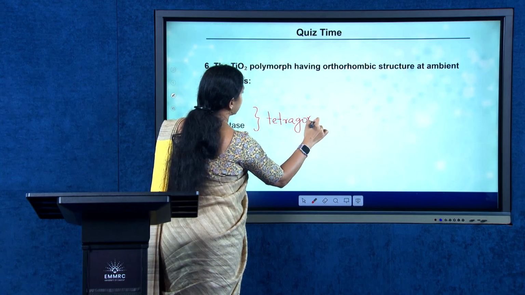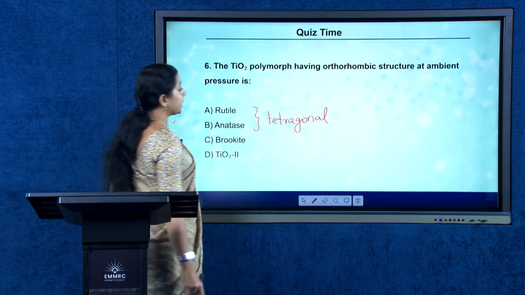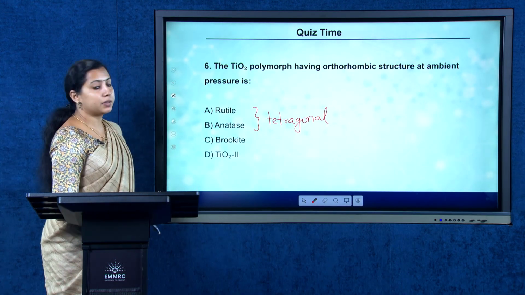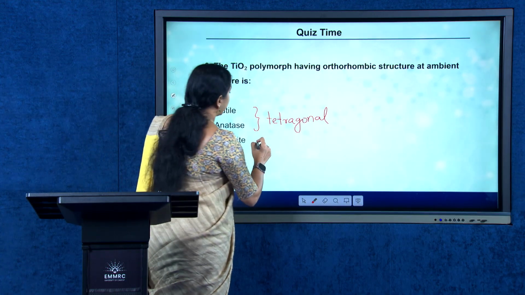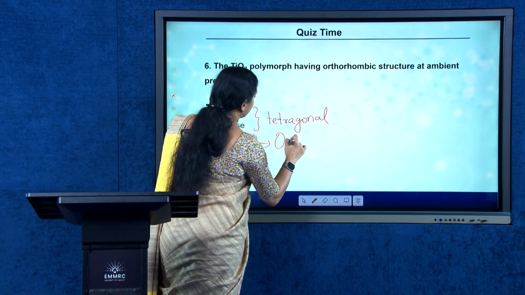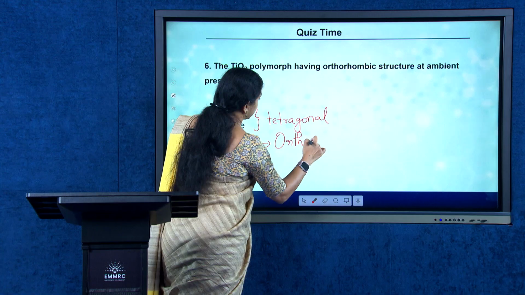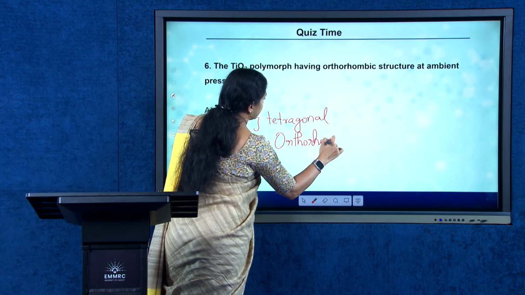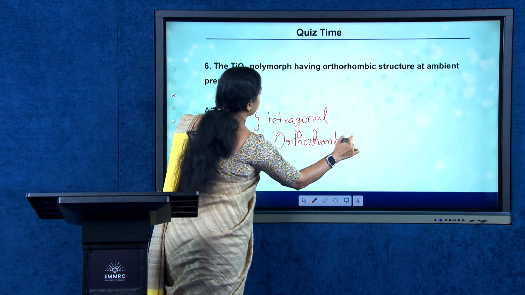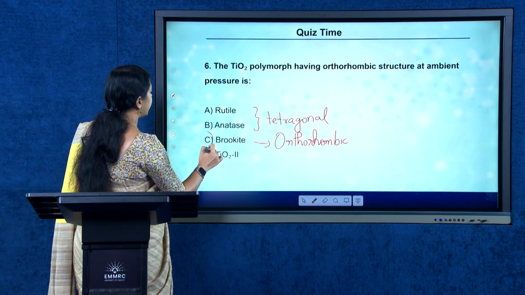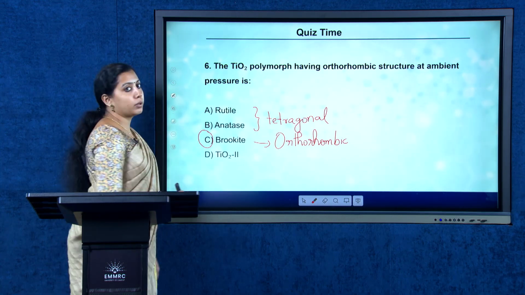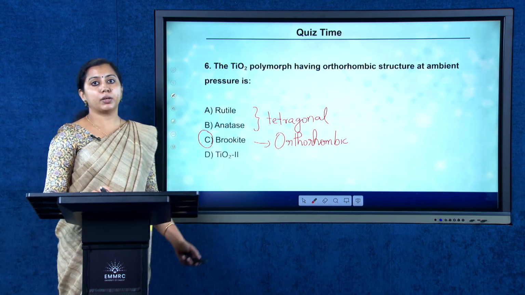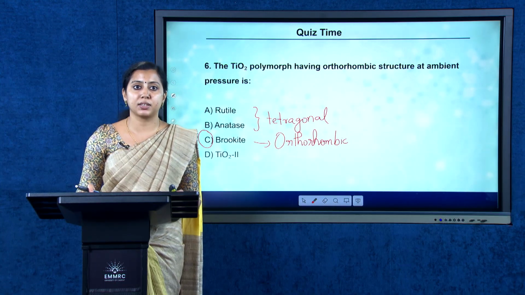Rutile has a densely packed arrangement, whereas anatase has a more open arrangement. On the other hand, brookite has an orthorhombic structure. So, here the correct option is option C, brookite. So, brookite is a polymorph of titanium dioxide with orthorhombic structure.